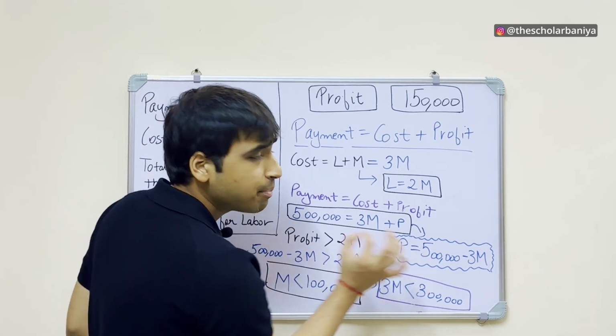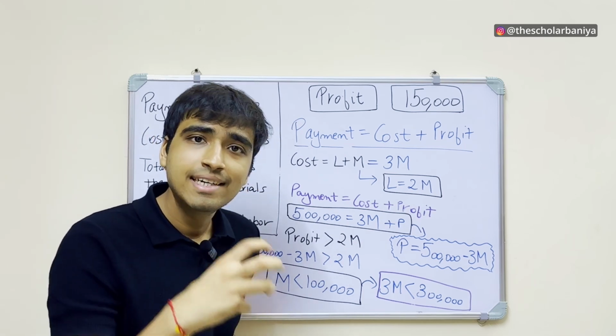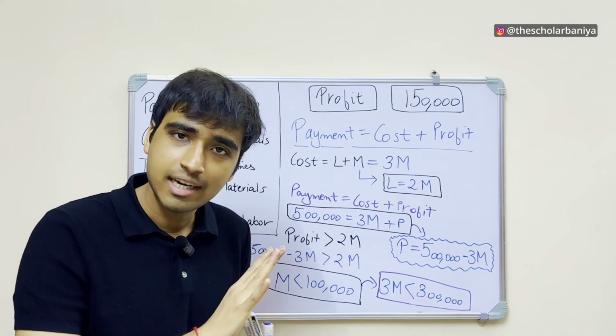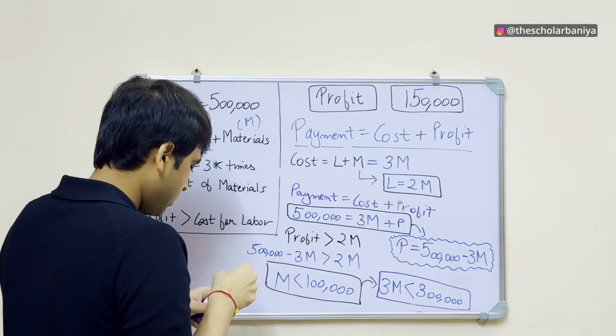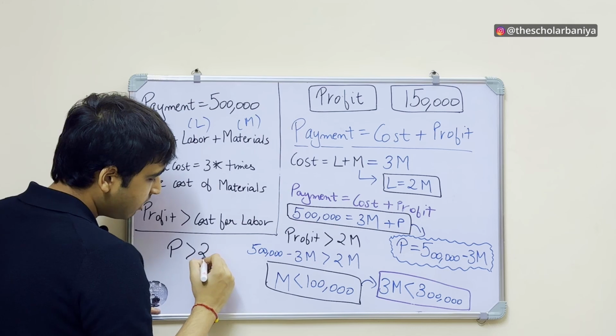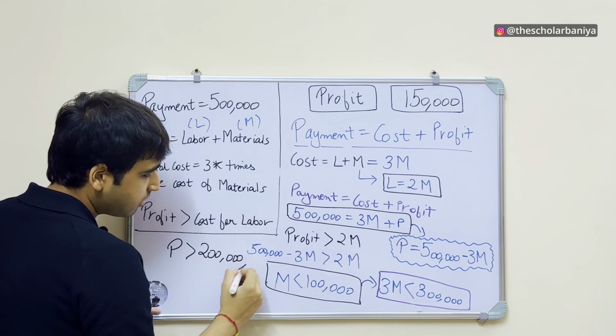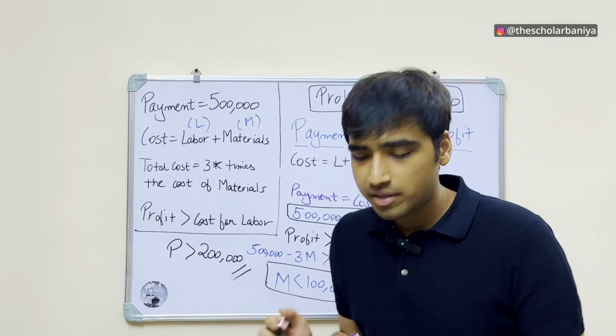That means the value of P, and what is P? P is profit. So the profit will be greater than 200,000, that is for sure, right? So we can say that P is greater than 200,000.